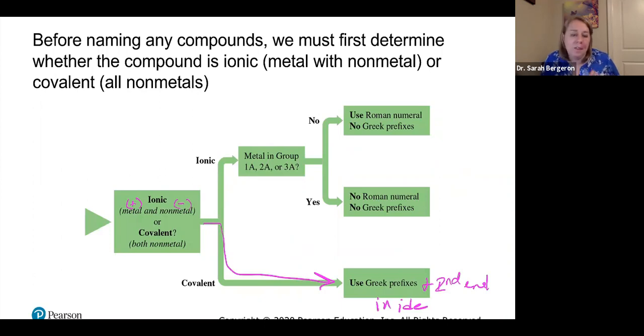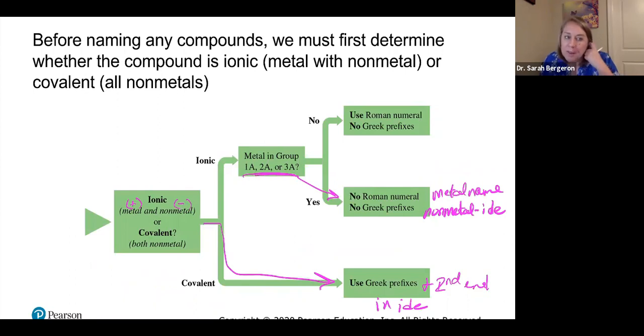Then if it's a metal and a nonmetal, you know it's ionic. And so if it's a main group metal, then you don't need Roman numerals, you don't need Greek prefixes. You're just going to put your metal name, then you're going to put your non-metal, and you're going to end it in IDE.